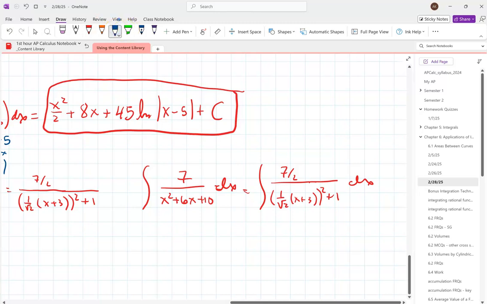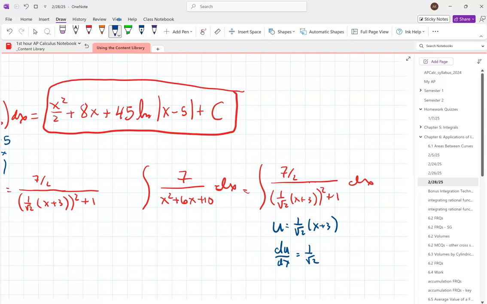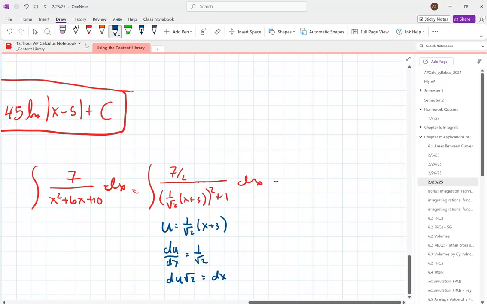I'm going to u sub this. The u is going to be all the stuff in the squared. If I take the derivative of both sides, du dx is 1 over root 2. So du times the square root of 2 is going to equal dx. So this is going to become 7 over 2 integral 1 over u squared plus 1 times root 2 du.